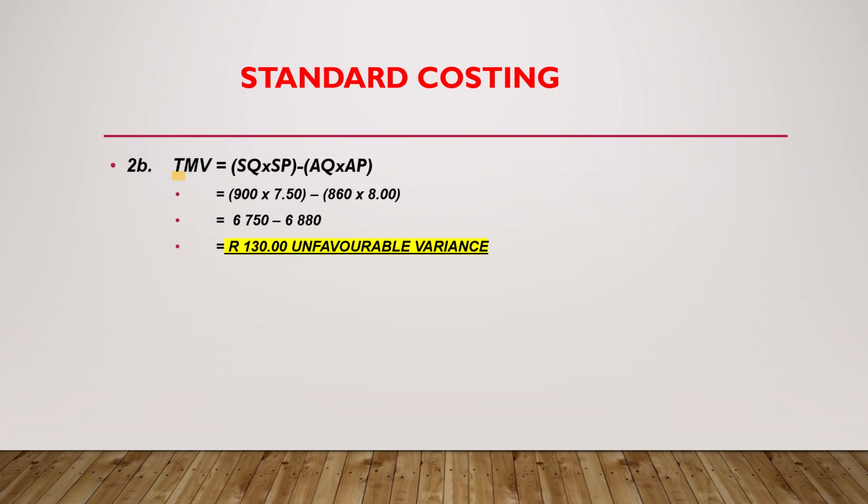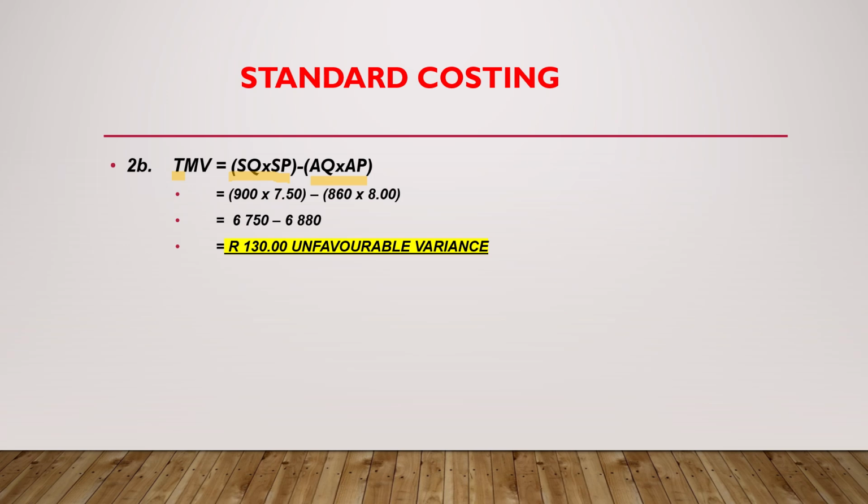So if you remember our formula, we said we are comparing all the standard with the actual. So the standard quantity multiplied by its standard price minus actual quantity multiplied by its actual price. How much is the standard quantity?